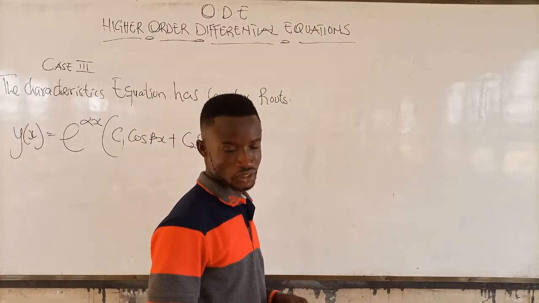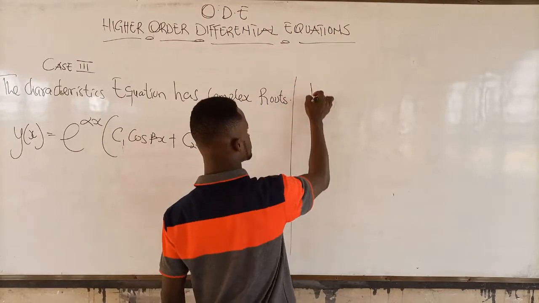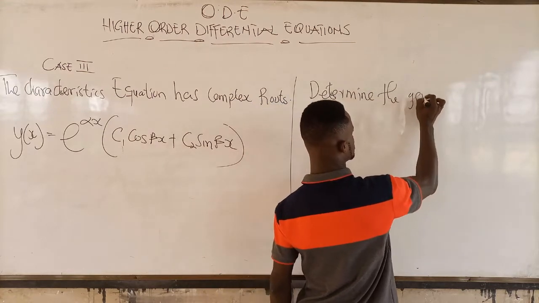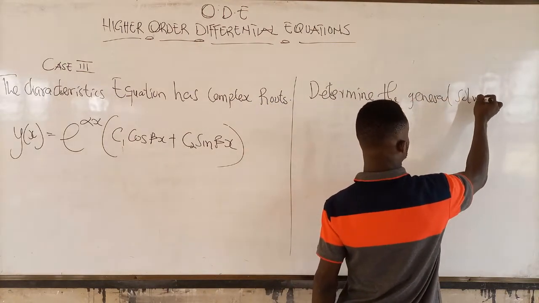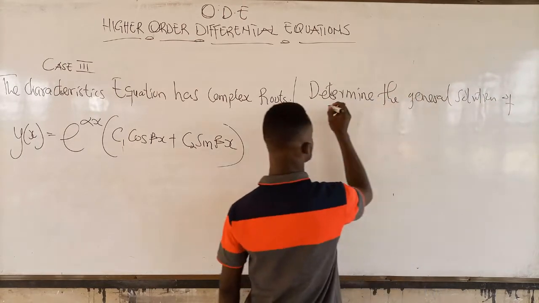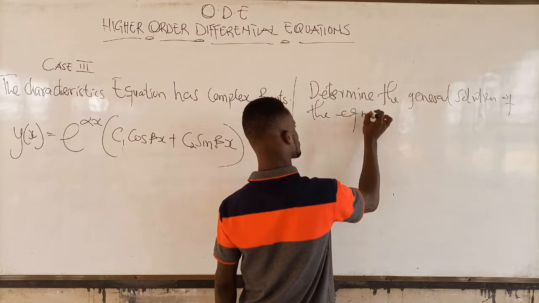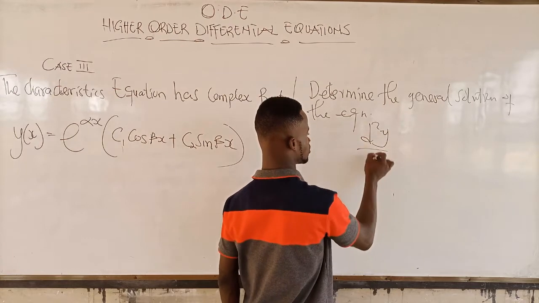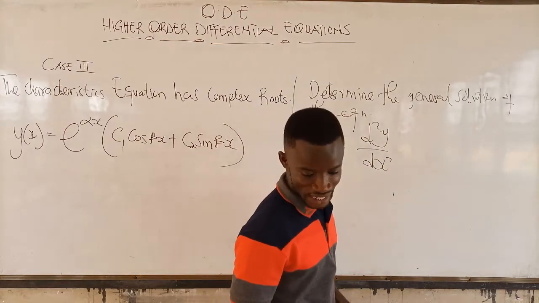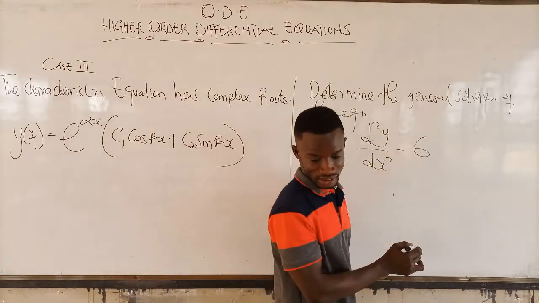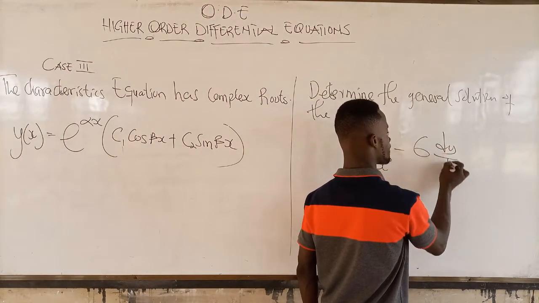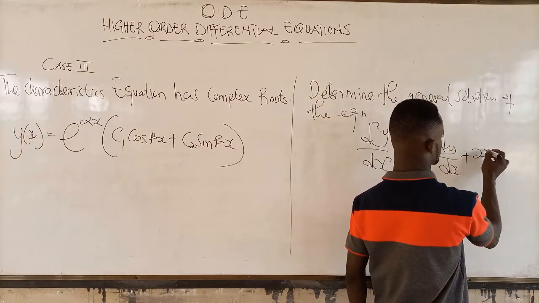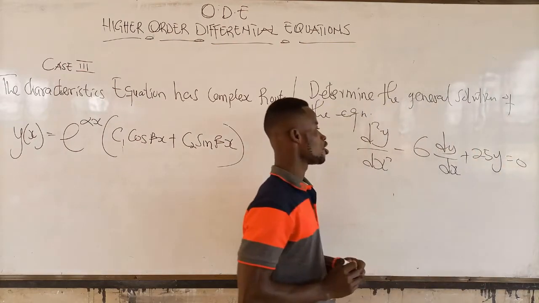Determine the general solution of the equation: y double prime minus 6y prime plus 25y equals 0.